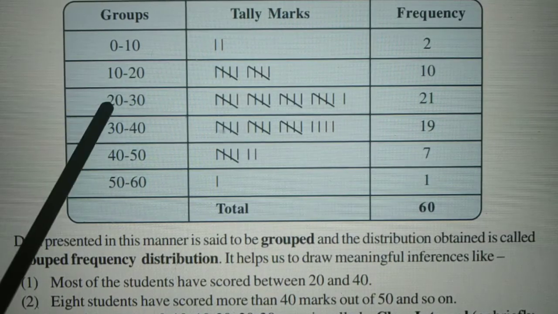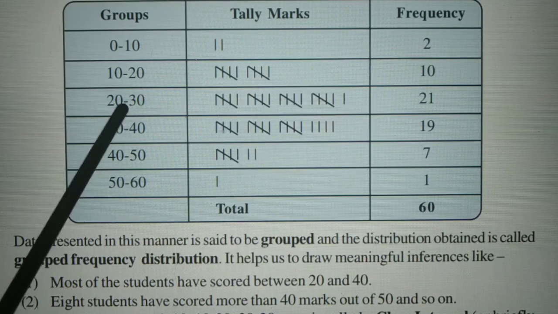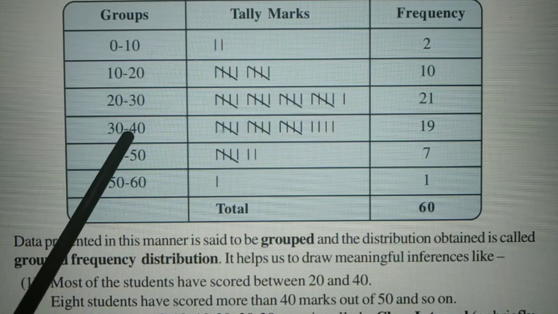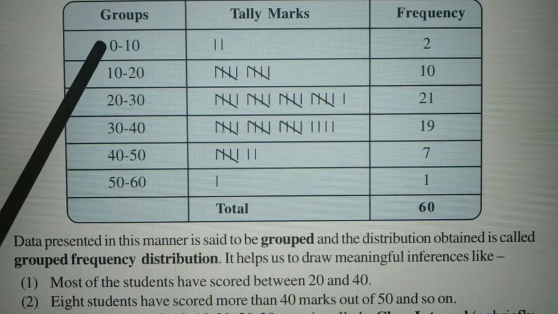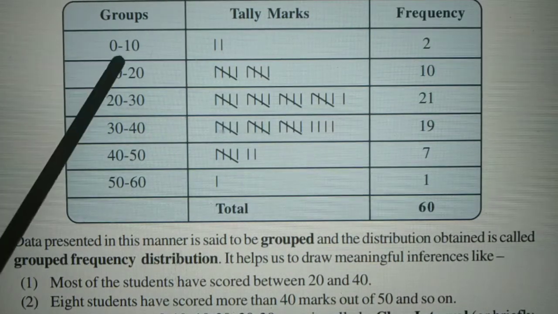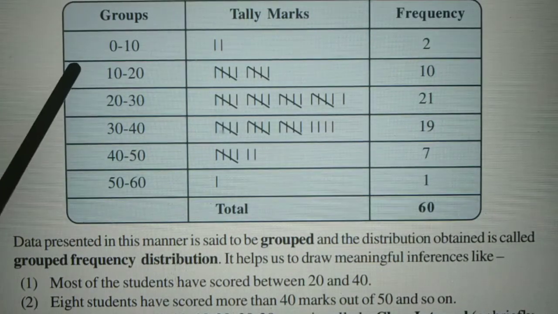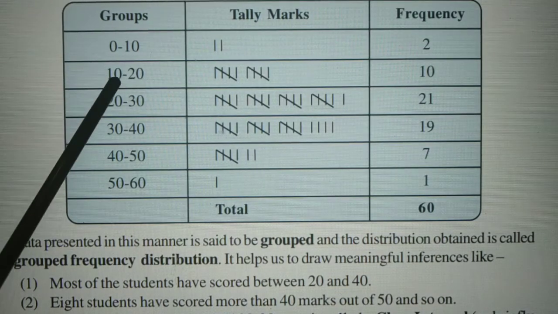Understand this concept. When any student gets 30 marks, that student is counted in 30 to 40, not in 20 to 30. Understand? Between 0 to 10, marks up to 9 are counted in this group. The student who gets exactly 10 marks must be counted in the next group, in which 10 is the lower limit.